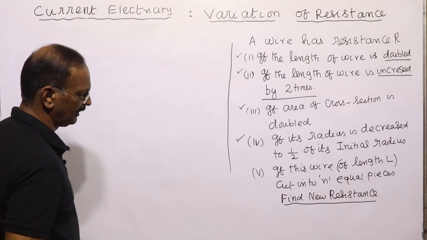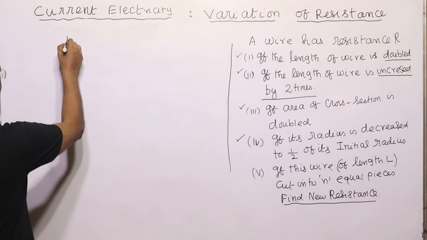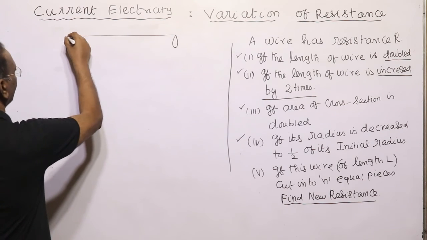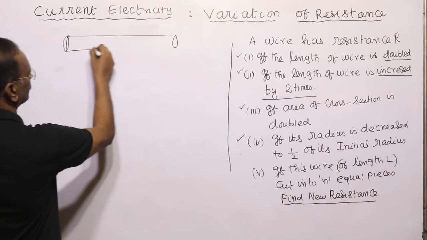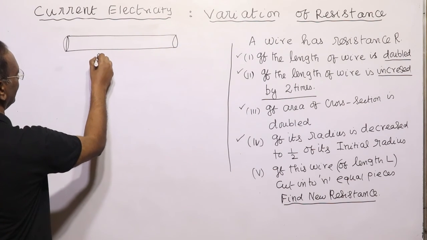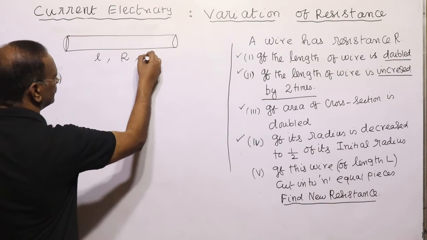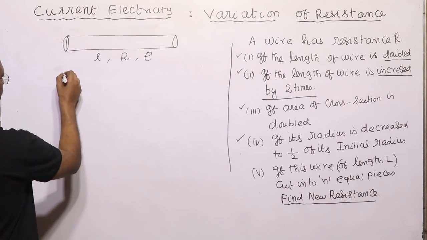Fifth problem: this is a wire of cross section A and length L, with a resistance of R and resistivity rho. It is cut into n pieces.